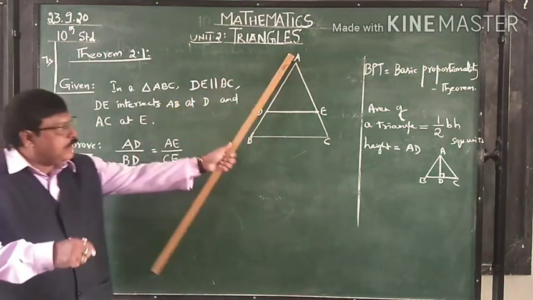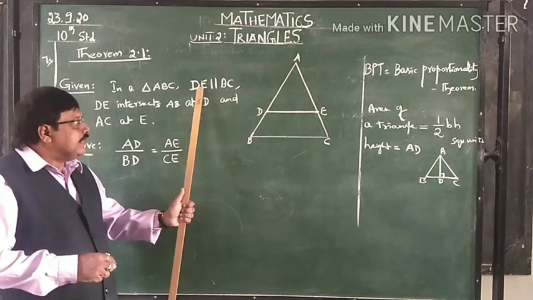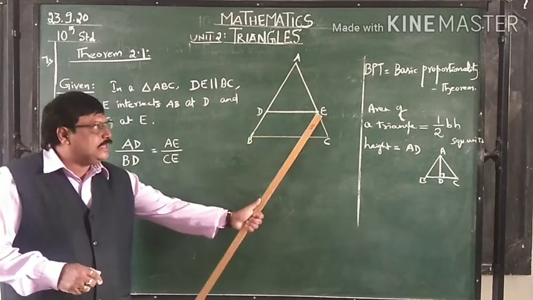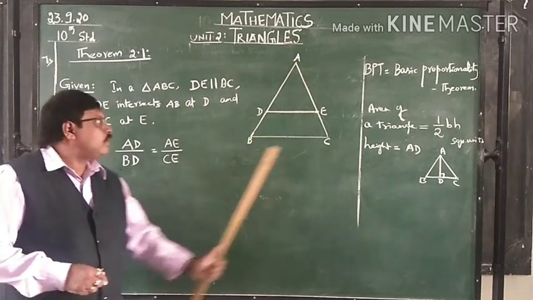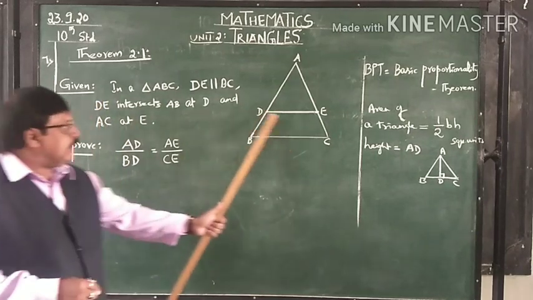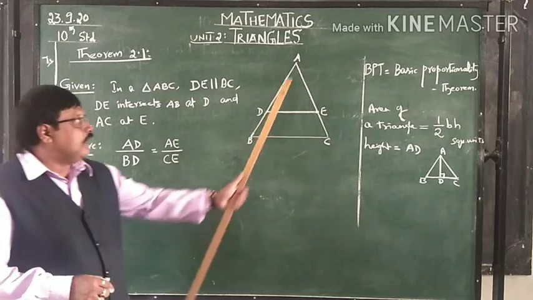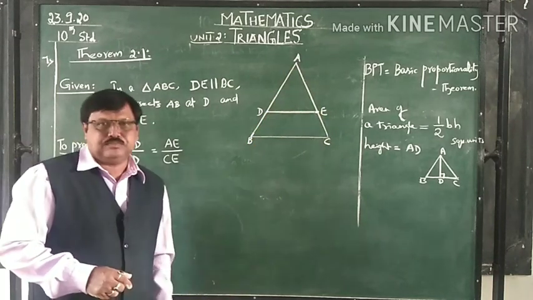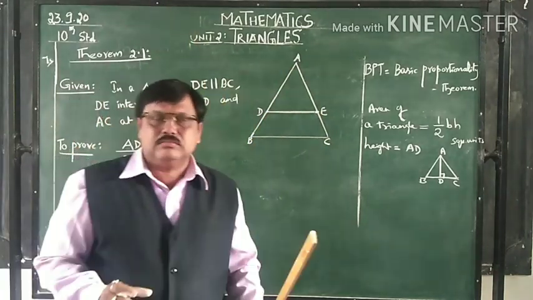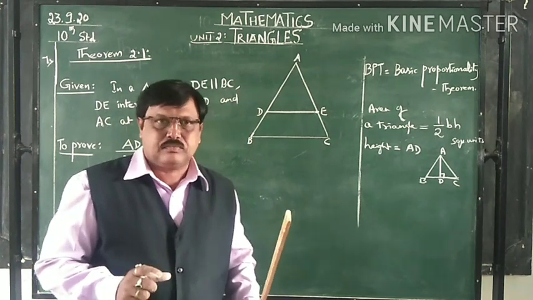In a triangle ABC, DE parallel to BC, DE intersects AB at D and AC at E. This is given, the hypothesis.